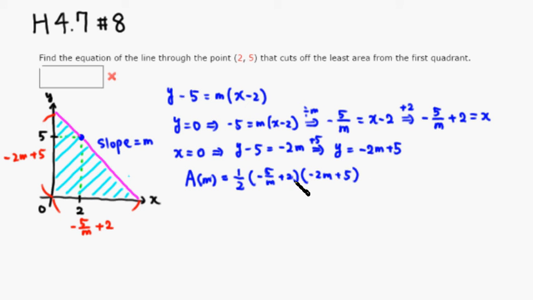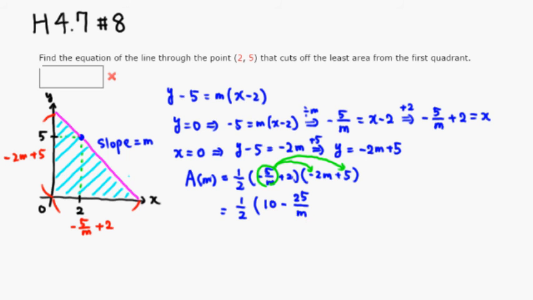If you multiply it out, you're going to get 1/2, and I'll just keep it out. Distributing this to that and this to that: negative 5 over m times 5 gives negative 25 over m.